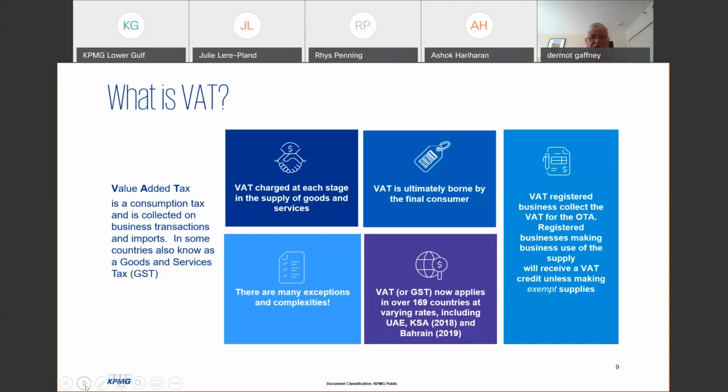In some countries, it's referred to as GST. It exists in over 169 countries around the world. And in the Gulf states, as Ashok mentioned, Saudi Arabia and UAE introduced it in 2018 and Bahrain in 2019. So Oman is the fourth country in the region to bring it in. Okay, the next slide, please.